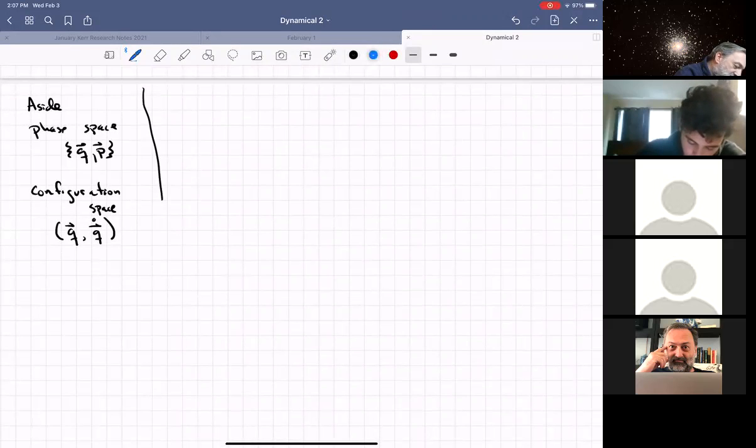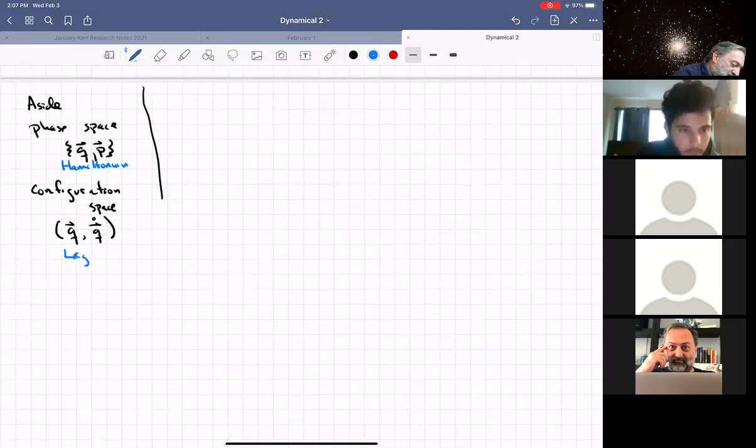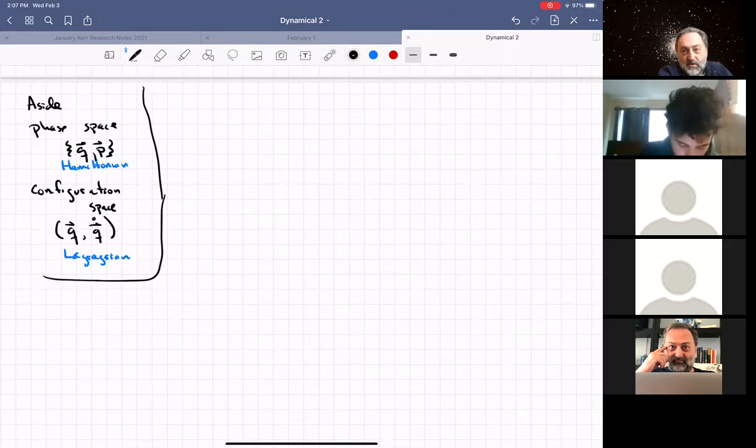Phase space is the space where the Hamiltonian function lives, and configuration space is the space where the Lagrangian lives, right? So the Lagrangian is a function of the position and the velocity, whereas the Hamiltonian is a function of the position and the momentum.